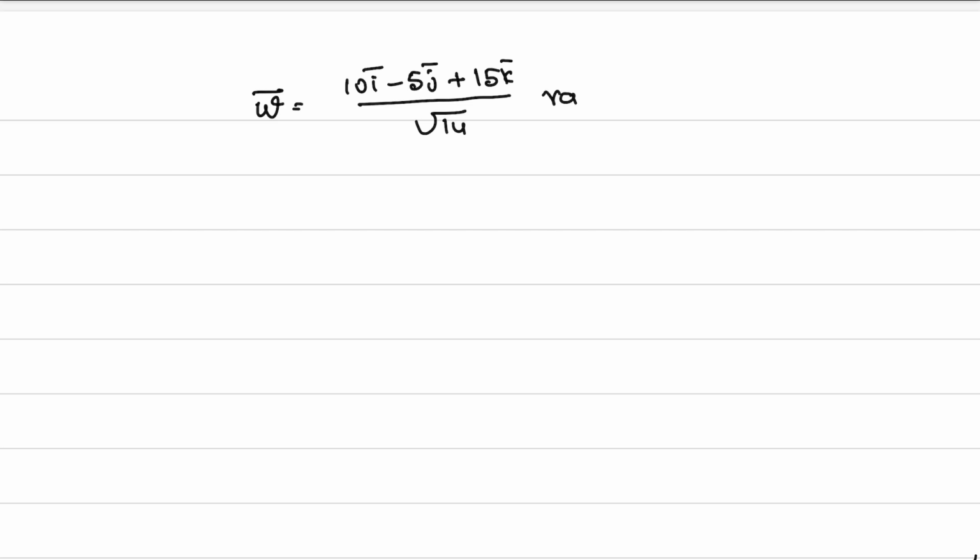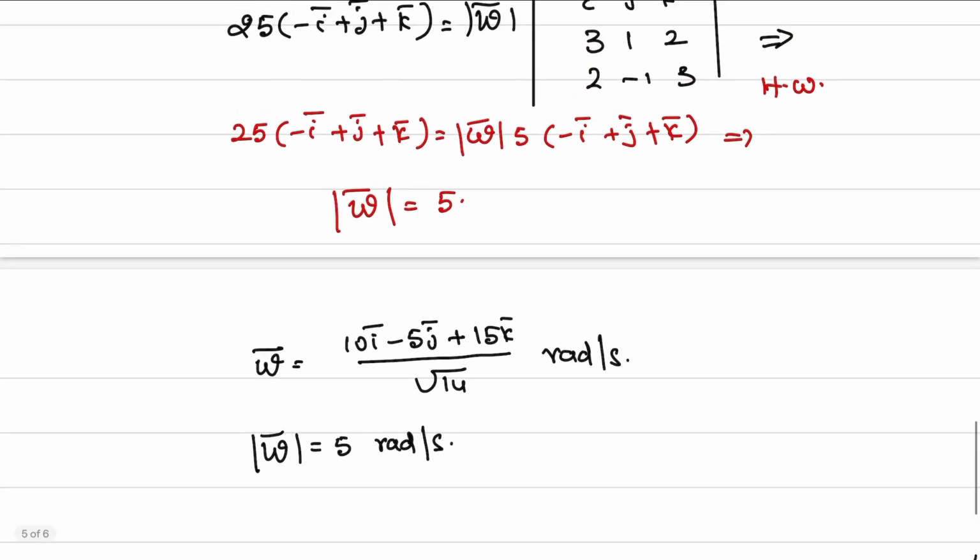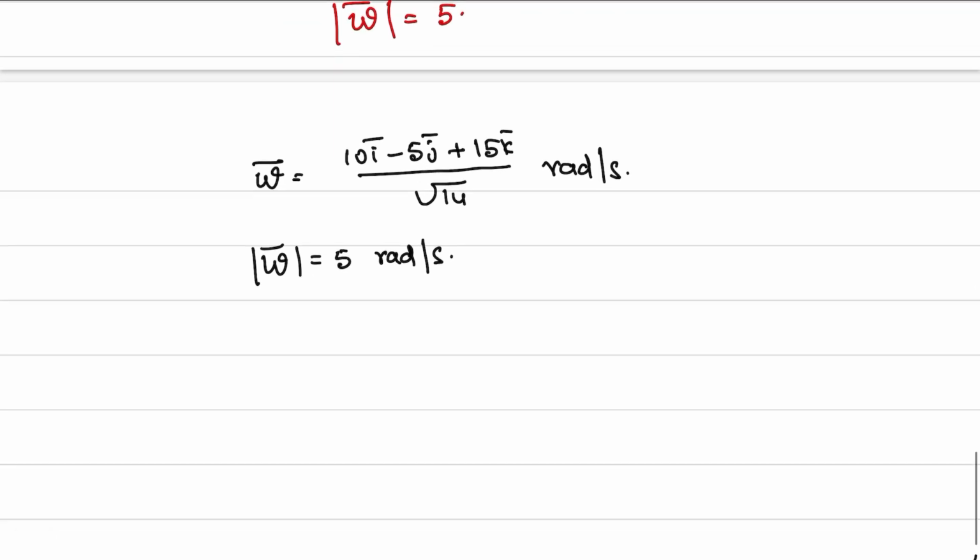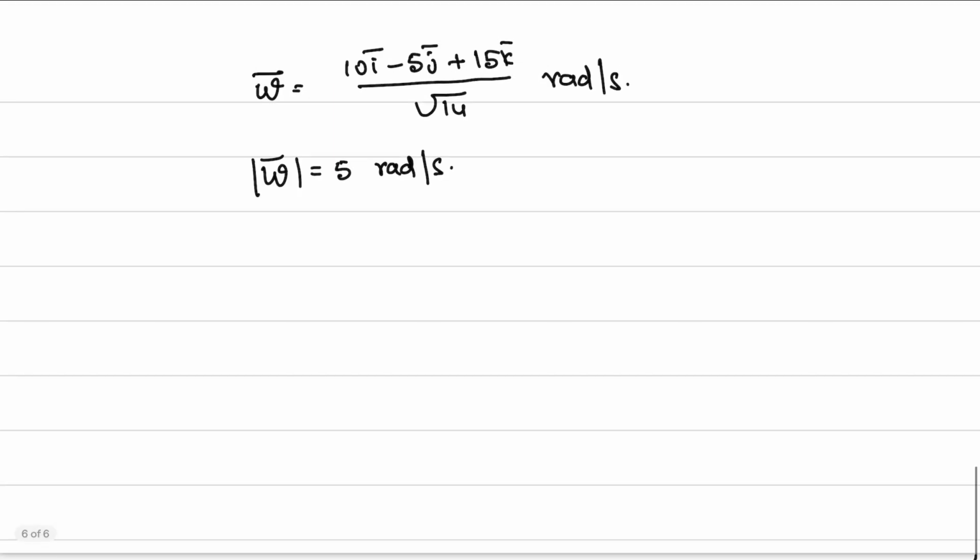This is omega as a vector, and the magnitude of omega is equal to 5 radians per second. These are the answers. Now, with this, I want to conclude with a small brief.